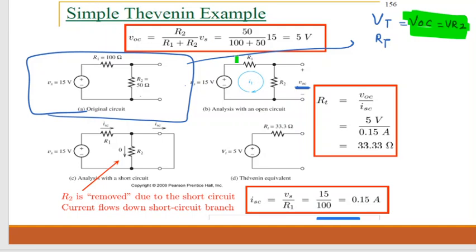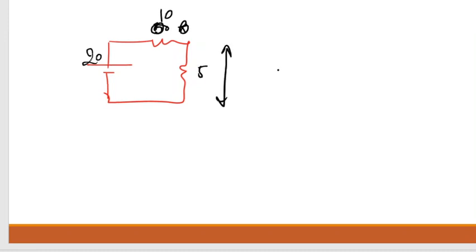For this we apply the voltage division rule. What does the voltage division rule say? The voltage across a resistor is the total voltage times that resistance divided by the total resistance. Suppose the resistors are 1, 3, 10 and 5. If you want the voltage across the 5 ohm resistor, you multiply the total voltage by 5 and divide by the total resistance.